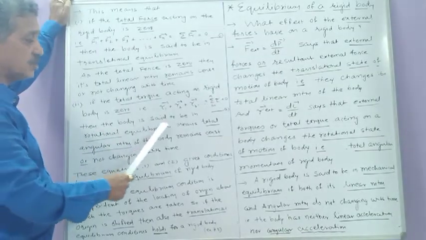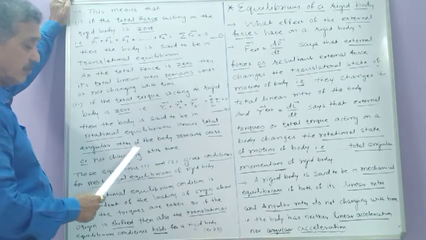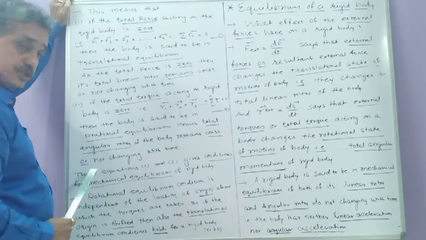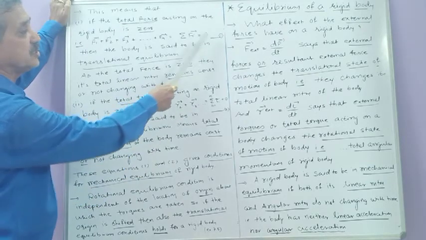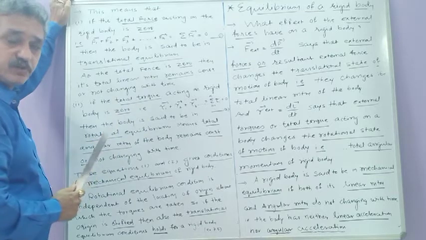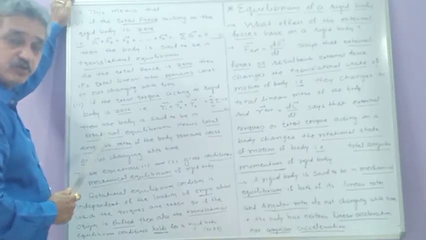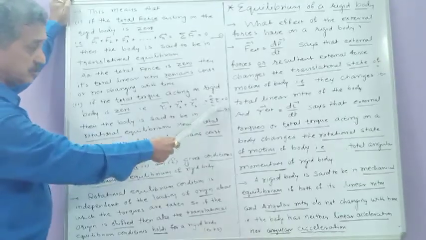The body is said to be in rotational equilibrium when the total angular momentum remains constant. So remember these two equations. If sigma Fi is 0, the body is in translational equilibrium, that means the resultant force acting on the body is 0. If the resultant external torque acting on the body is 0, then it is in rotational equilibrium.